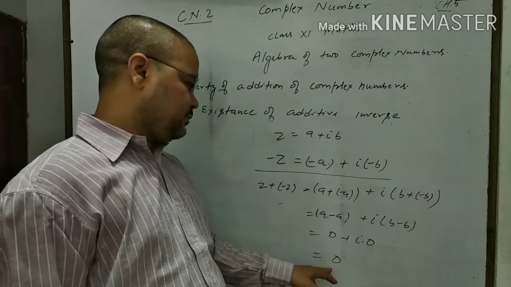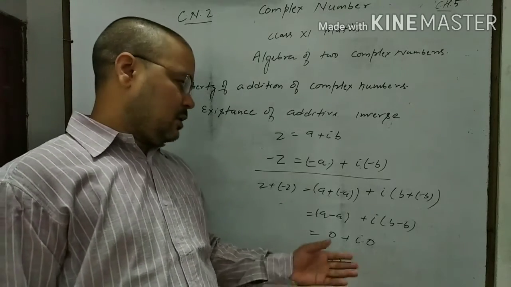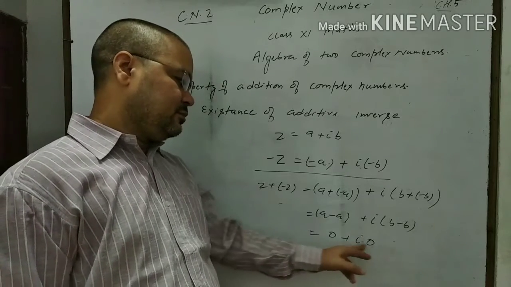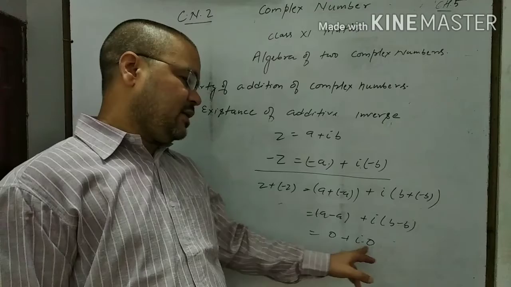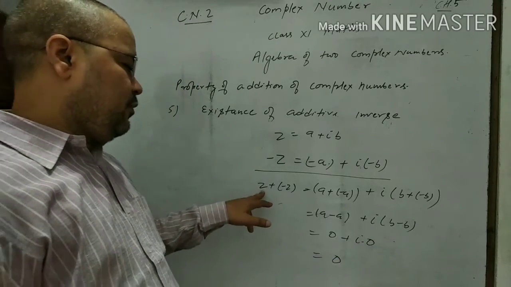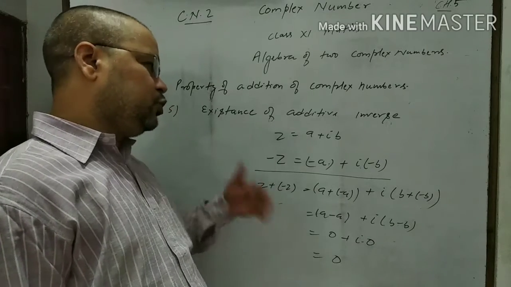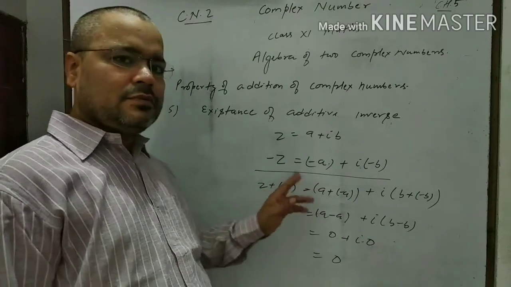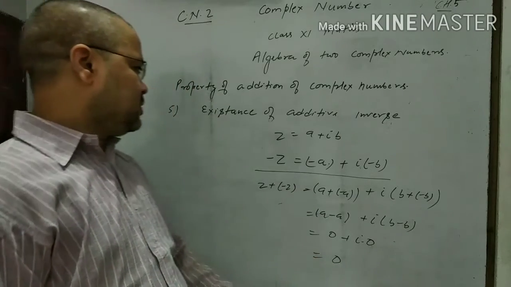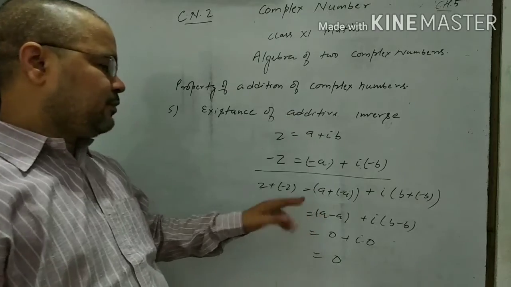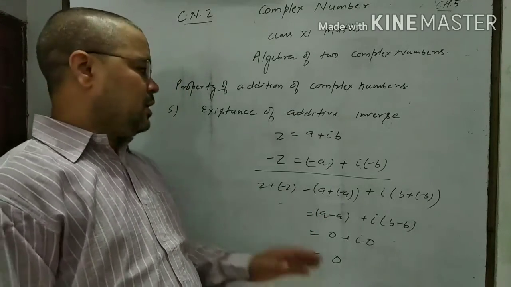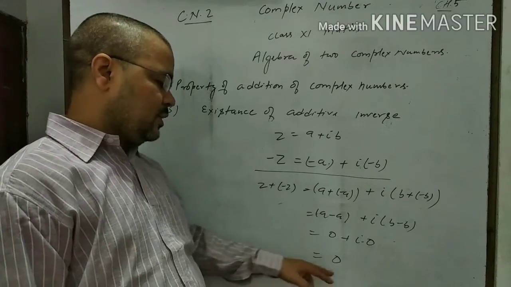Where 0 is also a complex number, which can be represented in the standard form a plus ib, where a is equal to 0 and b is equal to 0. It means if we add any complex number to its inverse, then we get 0. So for every complex number there exists an inverse of that complex number. If we add both, we get 0.